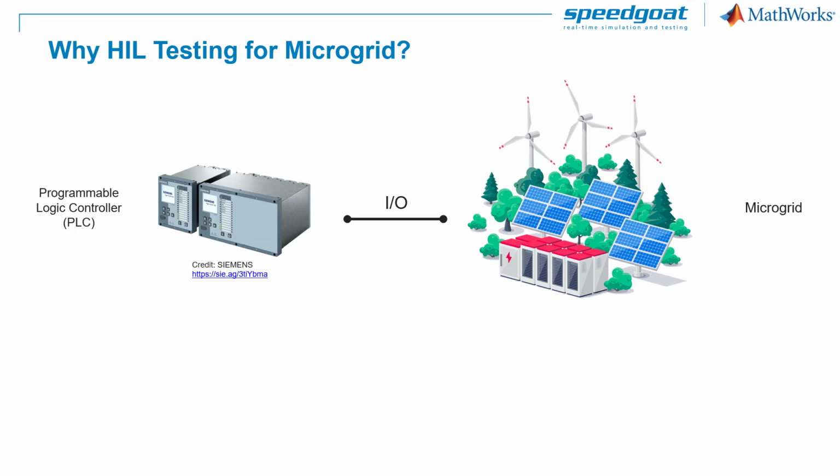Here are some questions that need to be answered. First question is about safety. How do you want to test your controls? Do you want to directly hook up your controller to the hardware or system before enough testing and analysis? The answer is no. It could be very risky and dangerous to your equipment or even your personal safety.